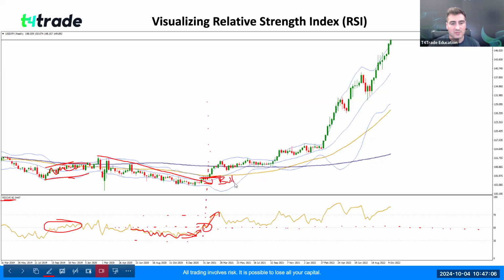Okay, so we shift from the 30 to 50 area to the 50 to 70 area, bullish territory. So the bulls are in control, and the fact that we saw the RSI value jumping by this kind of magnitude and pace and velocity tells you that the bulls are indeed eager to push the price action to higher ground.